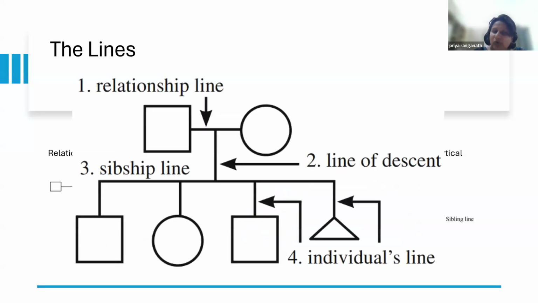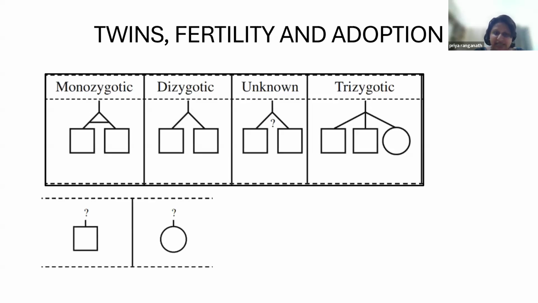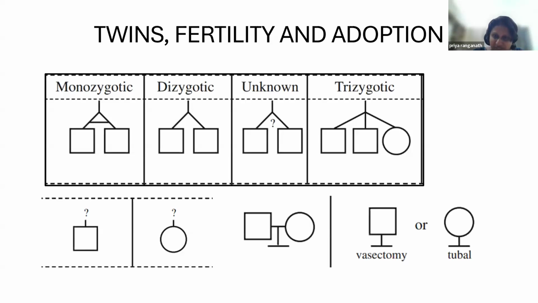The lines, you would already know: relationship line, sib line, line of descent, and others. For twins and fertility, you have monozygotic with a connecting line between them, dizygotic, the unknown can be put as a question mark, and then trizygotic without the lines in between. If we don't know the parentage, that can also be depicted in the pedigree as a question mark.